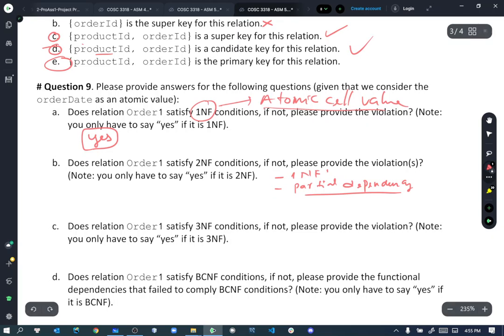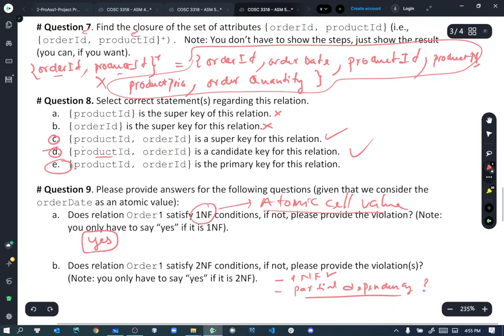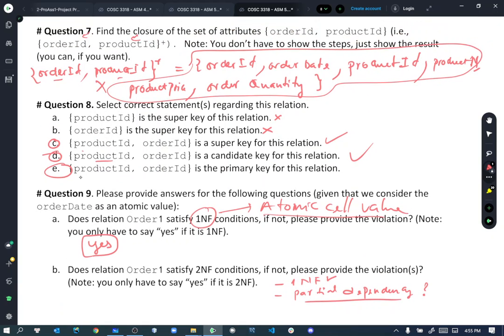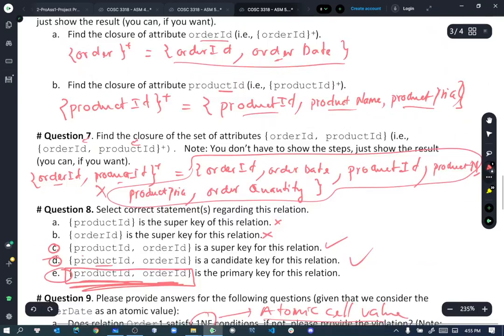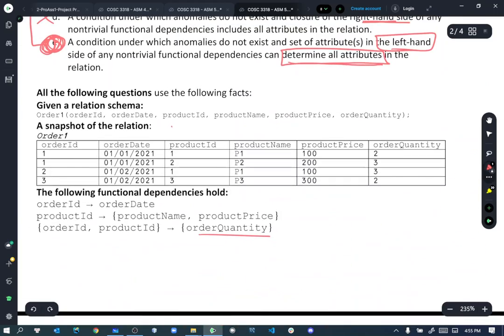Then for sure, we check if this one passes the condition. We see from this that the key is product ID and order ID. But you will see that order date depends on only order ID. This one is partial.